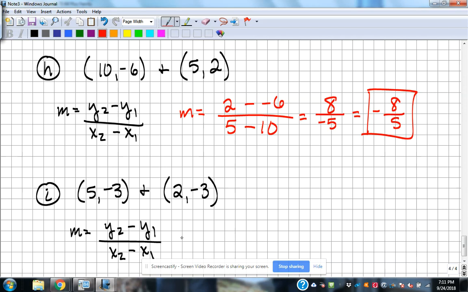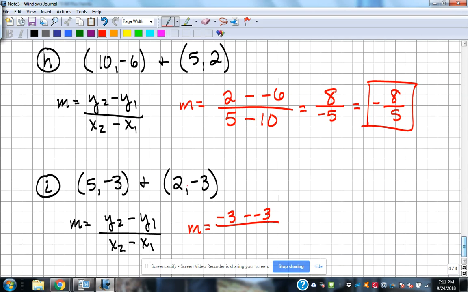Does it matter which y value I start with? No. -3 minus -3. They're both the same. So that means it doesn't matter on the bottom either. What's -3 minus -3? 0. 5 minus 2 is 3. What's 0 divided by 3? 0. It has a 0 slope.